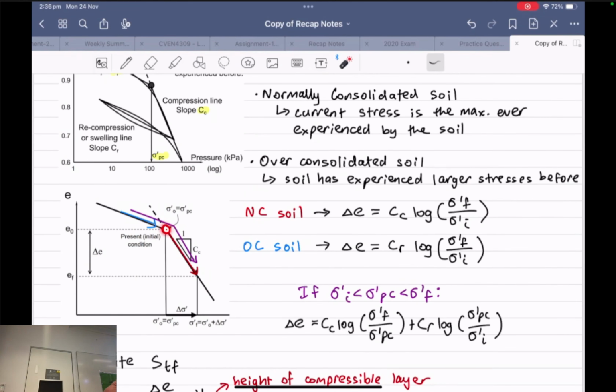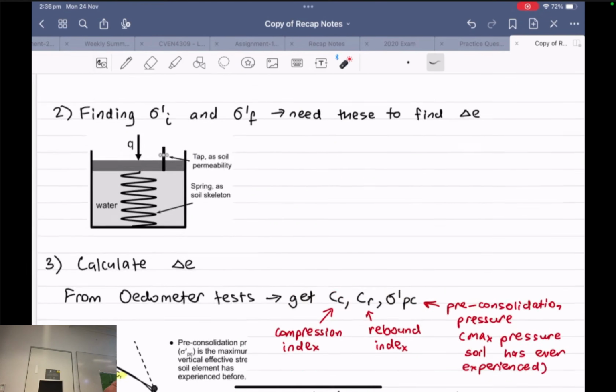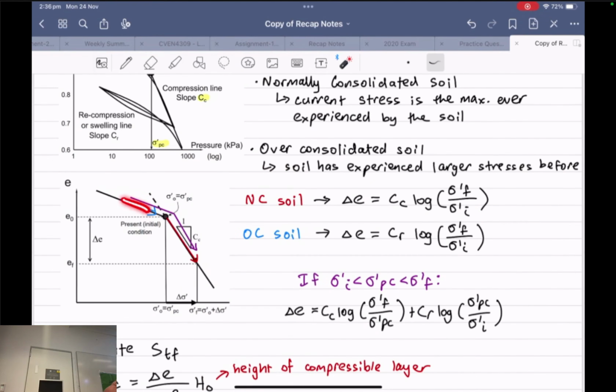So your sigma dash PC is here, but we're over here because the soil isn't at the peak yet, and imagine it's being consolidated like this. Then your gradient will be CR, which is the gradient over here, times log sigma dash F over sigma dash I.